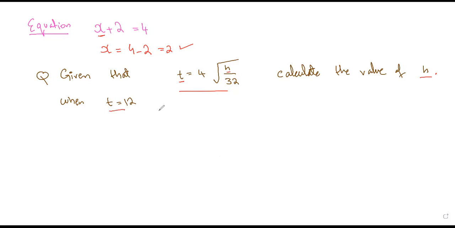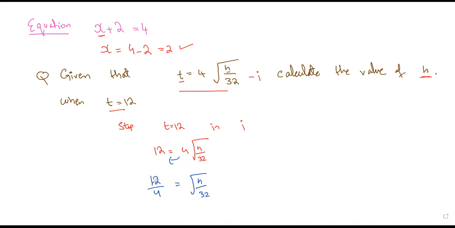The first step is to use t equals 12 in the equation, and it would be 12 equals 4 under the root h by 32. Since we have to find the value of h, I will make it the subject. So I'll take 4 to the other side. That would be 12 divided by 4 equals under root h by 32.